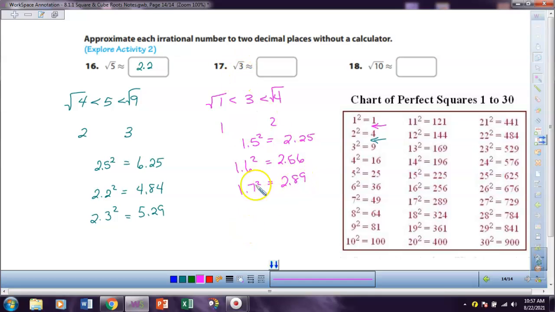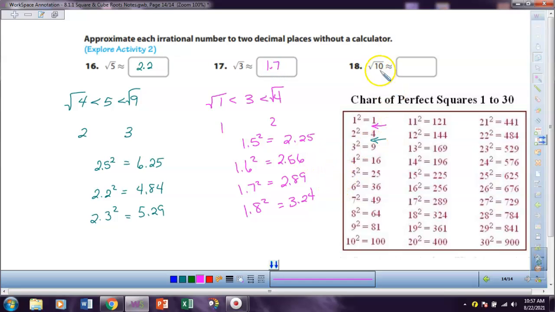It's getting closer. Let's try 1 8/10, and I get 3 24/100. So this one's less than 3, this one goes over 3, so it's approximately 1 7/10.